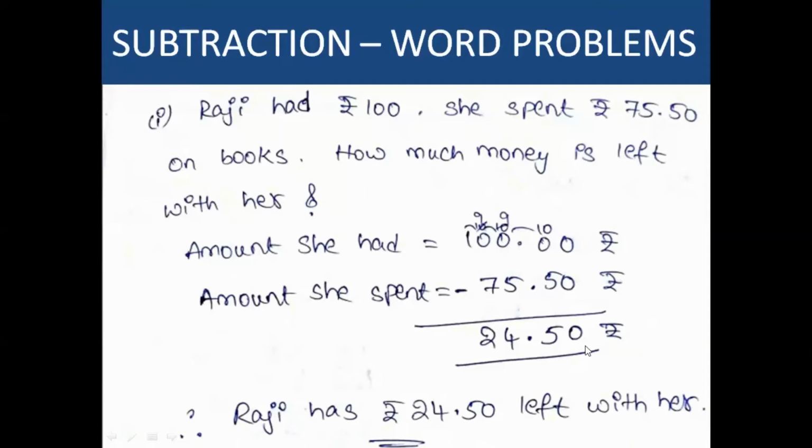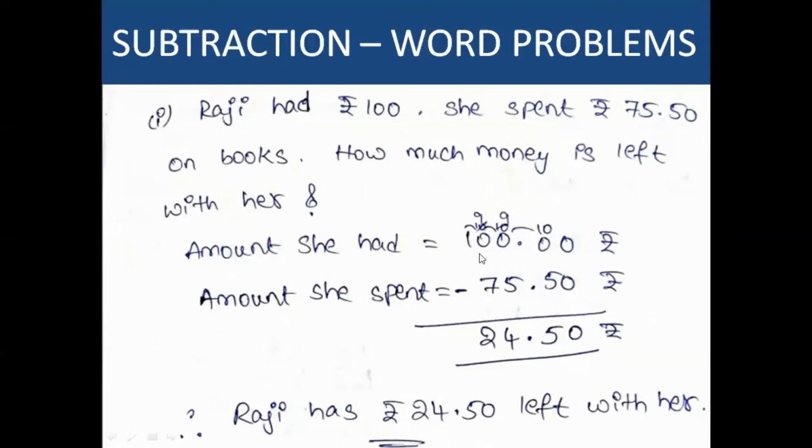Now subtract. 0 minus 0, 0. Here 0 minus 5 we cannot take. So borrow 10 from 0. It changed to 10. 10 minus 5, 5. Here we are having 9. 9 minus 5, 4. Here we are having 0. Take borrow.